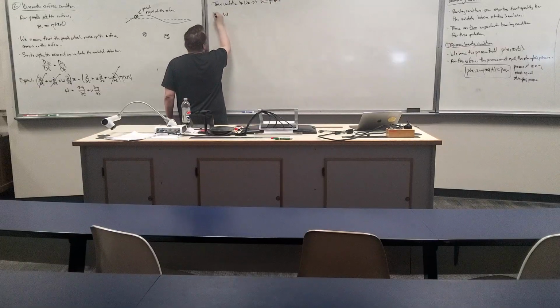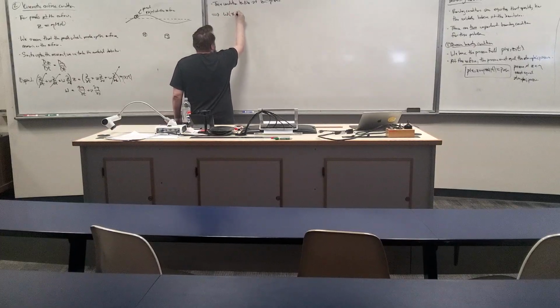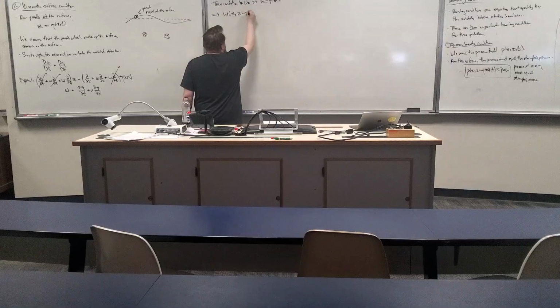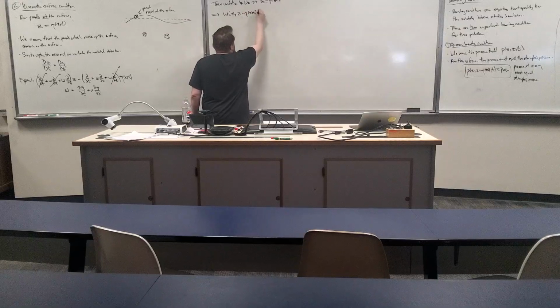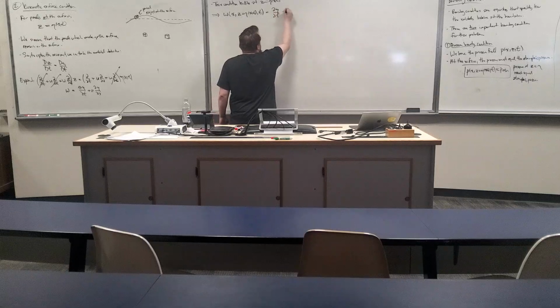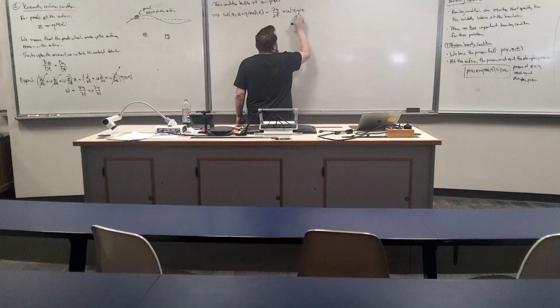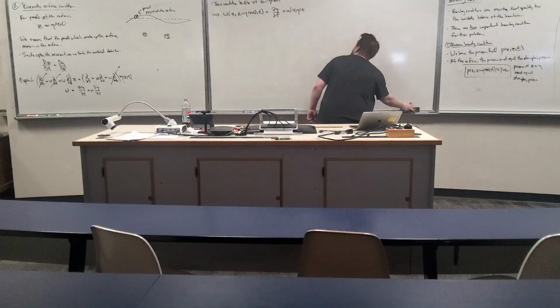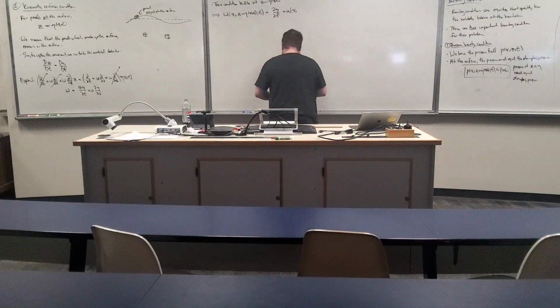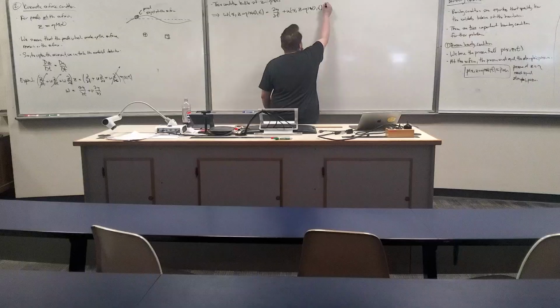So we have w of x, z equals η of x and t, equals dη/dt plus u of x, z equals η of x and t, times dη/dx.